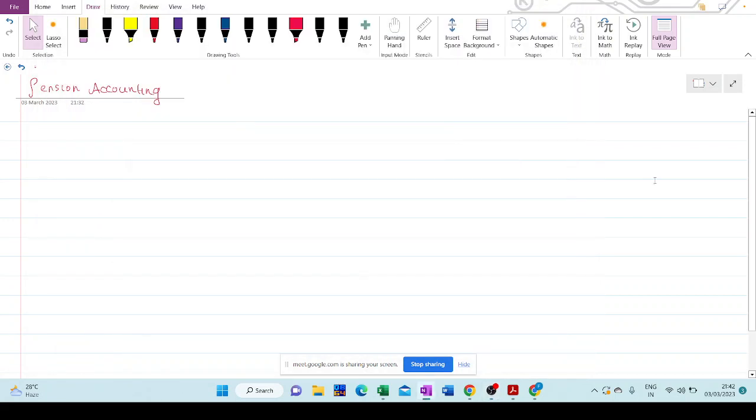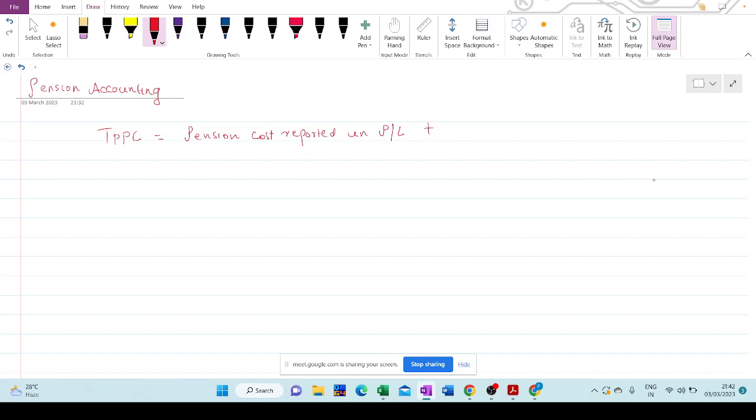So we'll just have a recap of what we've discussed with respect to pension accounting. We were discussing in the last class that TPPC, or the total periodic pension cost, was the total cost of running a pension plan in a given financial year, and it was calculated as pension cost reported in P&L plus pension cost reported in OCI.